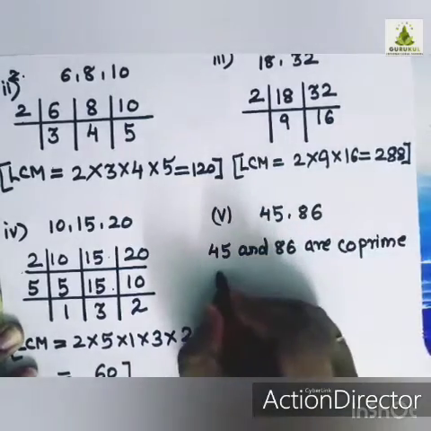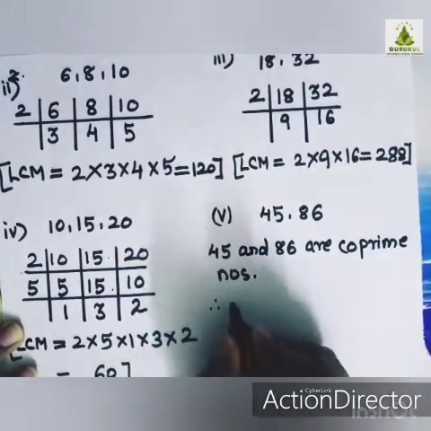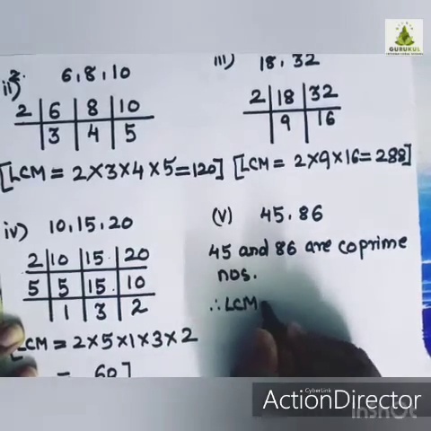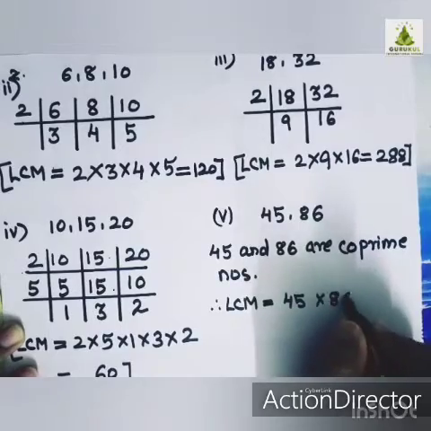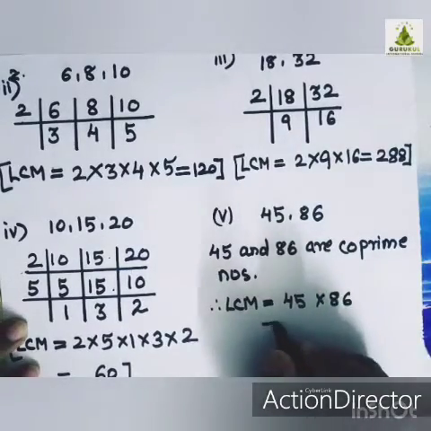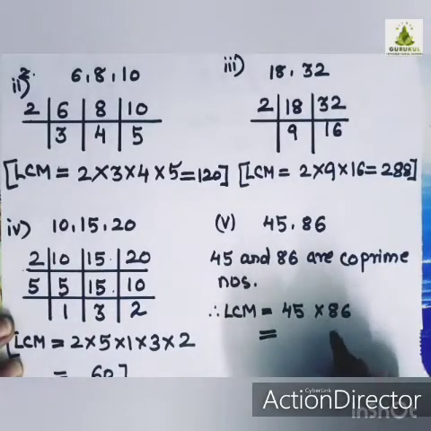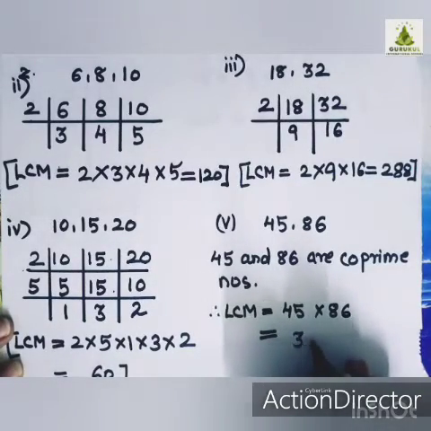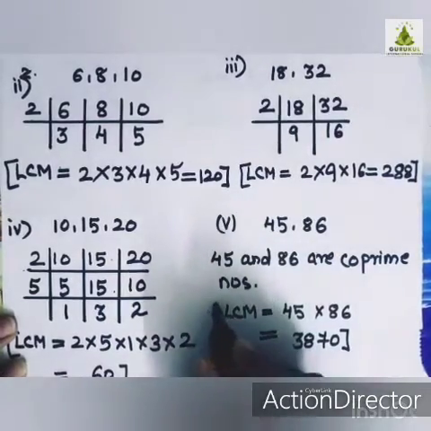Means we cannot find out the factors for this. So directly how we have to do then? LCM is equal to 45 into 86. You have to do this in rough work. 45 into 86, 3870. So this will be the answer.